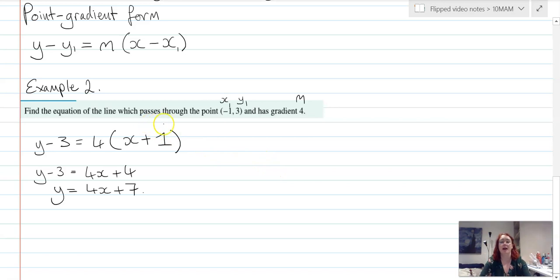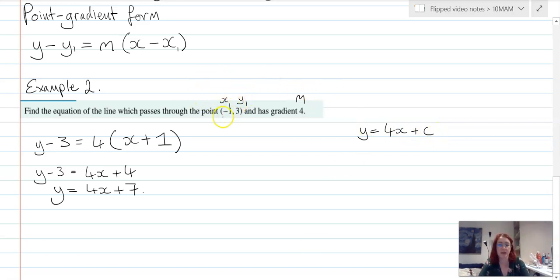If you wanted to do that a different way without using the point gradient form, you just wanted to look at your points and your gradient and know that they have to end up in our slope-intercept form, you can actually do that. So an alternate method might be to write y equals, we know the gradient is 4, so mx plus c. We don't know what c is.